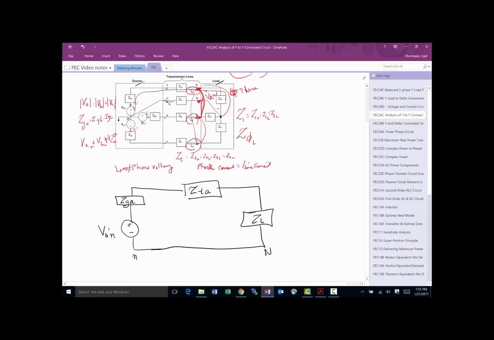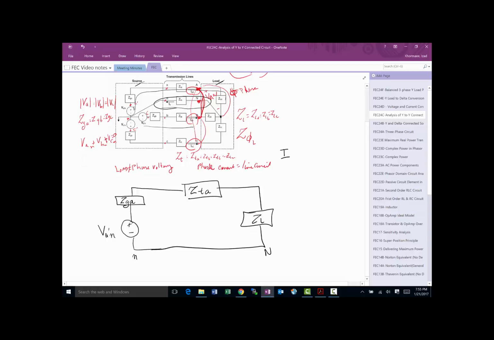But if you look up here, we've got a whole bunch of stuff that Zn is connected to. We don't need to show this, because by definition, you're going to have IAA come through here, IBB come through here, and ICC coming through here. By definition, the sum of those is equal to 0 because they're 120 degrees apart, much like the voltage phasors adding up to 0.